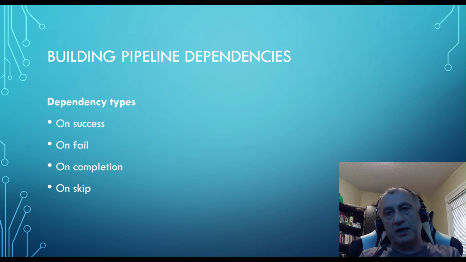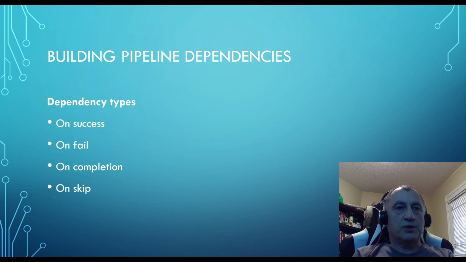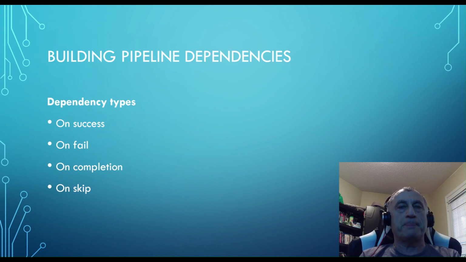However, in real life, there's often a need to put some dependency between activities. So today we're going to talk about dependencies within integration pipelines. There are four dependency types that you can build within your integration pipeline.